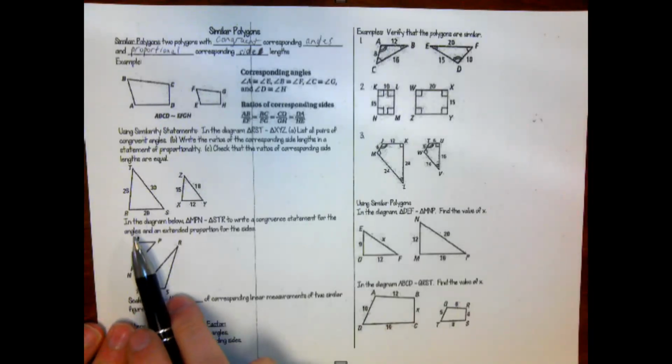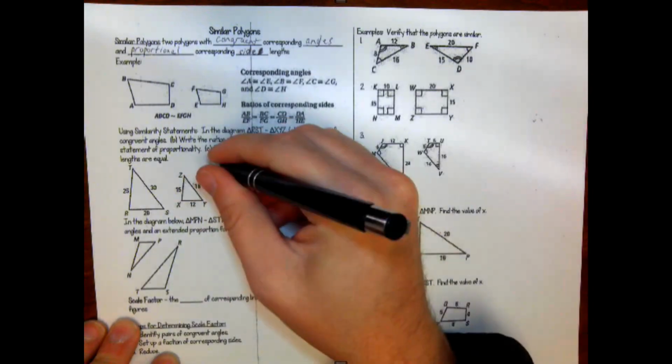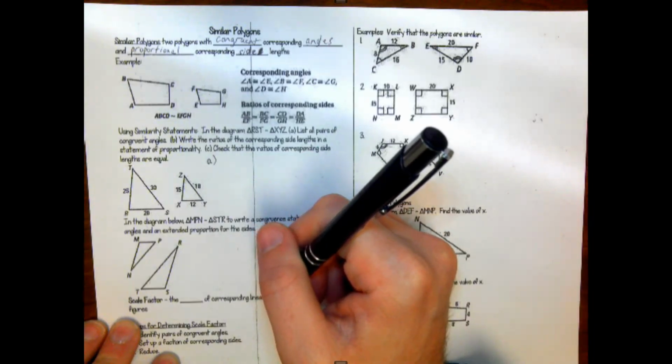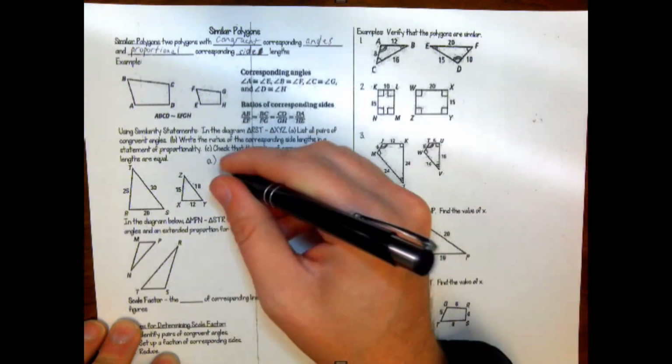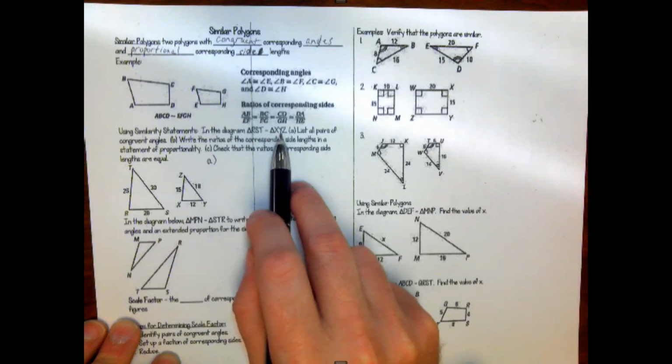So for this diagram of these two triangles, we're going to list all the pairs of congruent angles first. And we're told that they're similar. Triangle RST is similar to triangle XYZ.